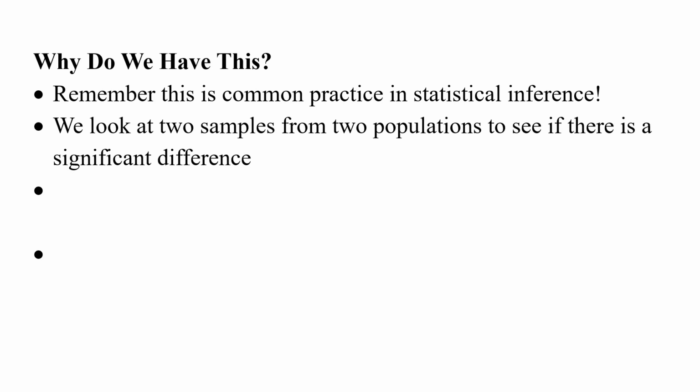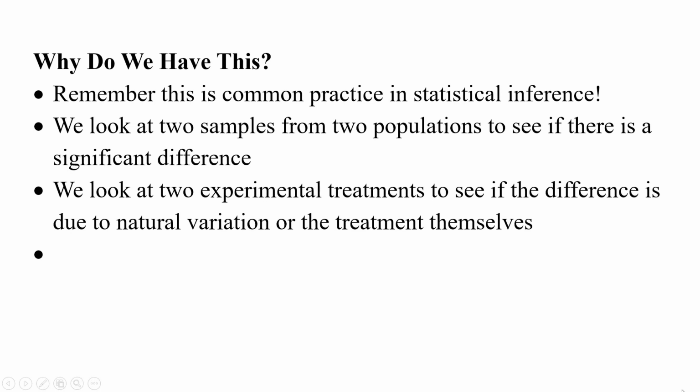So when we're using means, we're looking at something quantitative between the two samples to see if there's a significant difference. Or we could be looking at two or more experimental treatments to see if the difference that we observe is due to natural variation or the actual treatments themselves.